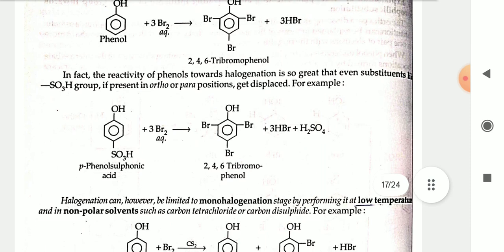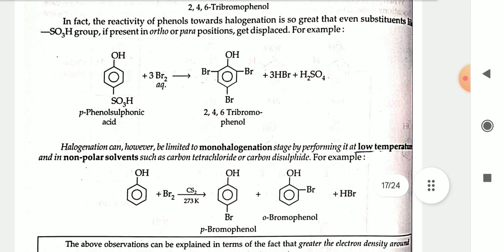In fact, the reactivity of phenol toward halogenation is so great that even substituents like the SO3H group, if present in ortho or para position, get displaced. Halogenation can, however, be limited to the monohalogenation stage by performing it at low temperature and in a non-polar solvent such as carbon tetrachloride or carbon disulfide.